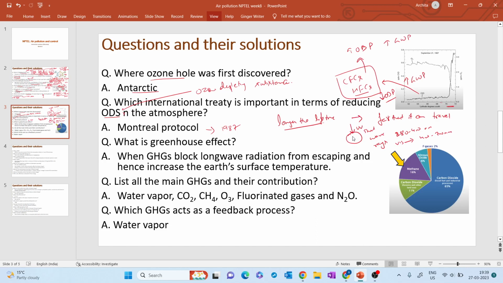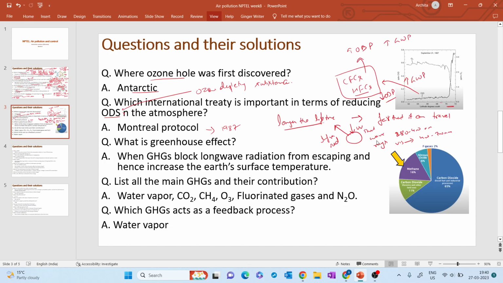Once this short wave radiation comes, the Earth absorbs something, and whatever is left is reflected back. This reflected radiation is not short wave, it is in the form of infrared, and this has a higher wavelength.